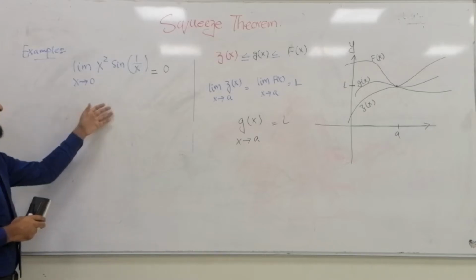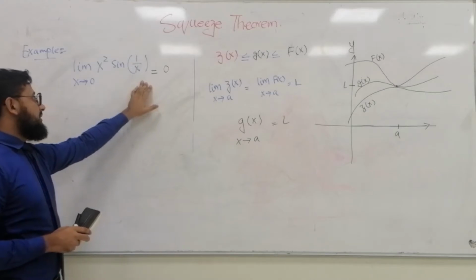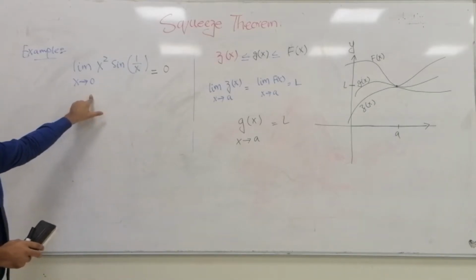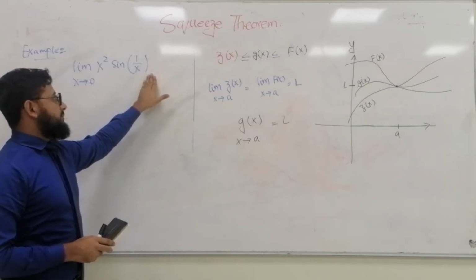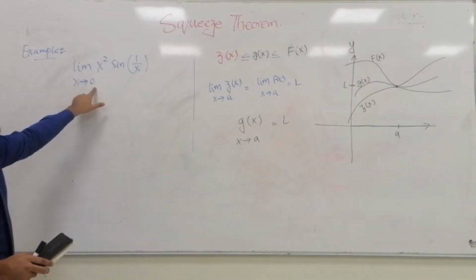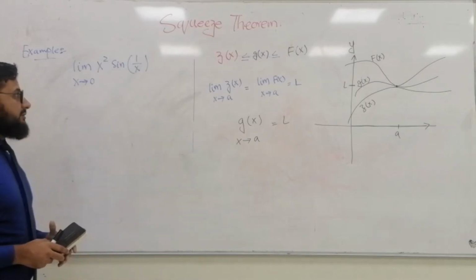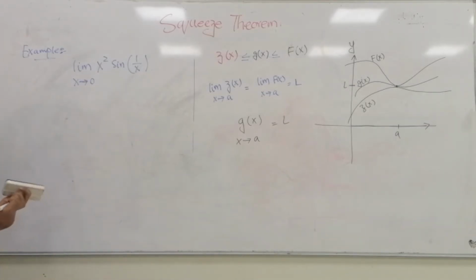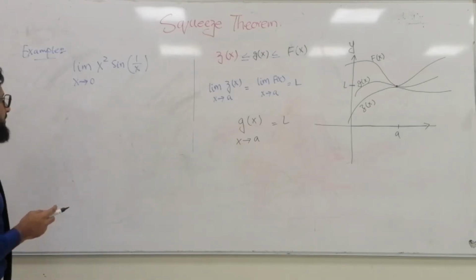For example, here, if I want to find the limit of x squared sine 1 over x, when x approaches 0, then let's say I try to put the value directly. Let's say x equals 0. So if I put 0, this will be sine of infinity, which cannot be found, right? So I need to use the squeeze theorem to solve it. And how am I going to do it?